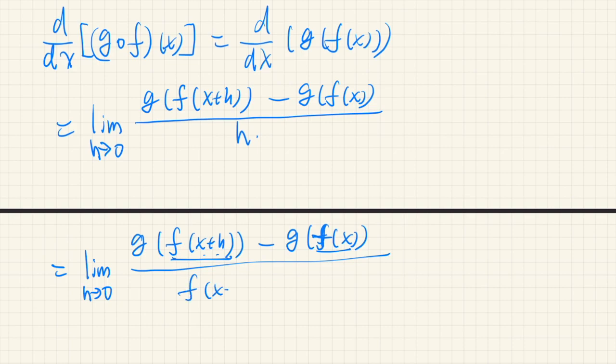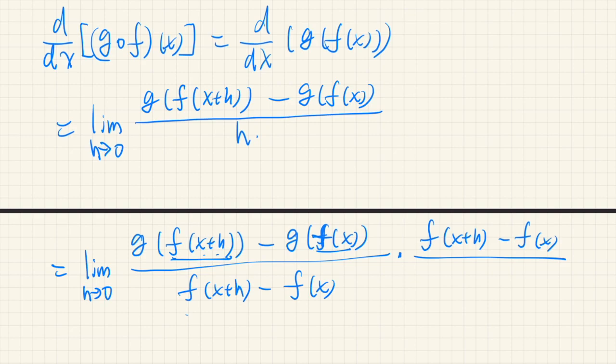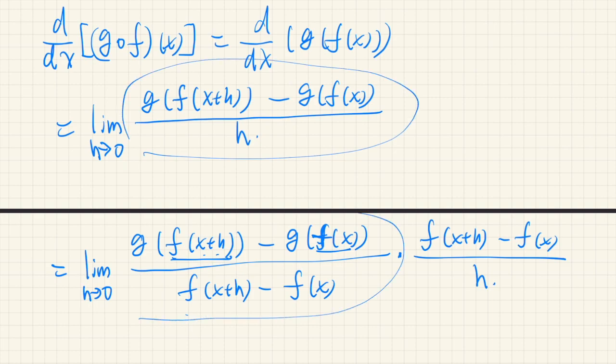Okay, so f of x plus h minus f of x inside. Okay, and times, so we divide by this and multiply by the same thing. So the effect is none, right? So we just multiply and divide by the same number. Okay, so this thing is equal to this thing times this thing. Okay, so everything inside the limit.